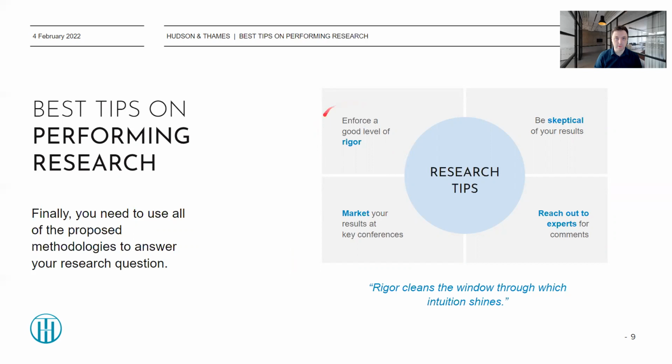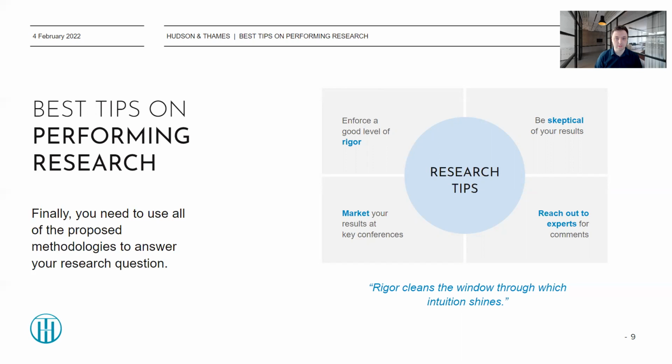Enforce a good level of rigor. Always when you're doing research, be rigorous. There's a well-known saying or quote, which goes as follows: rigor cleans the window through which intuition shines. If things are clear and well-defined, you have less chance of coming up with ill-defined answers that may end up leading to erroneous results.